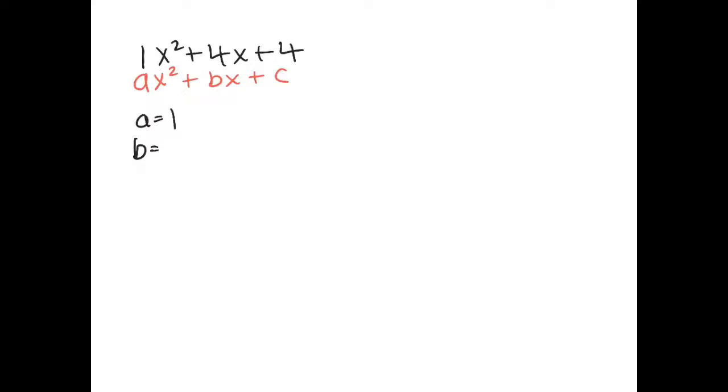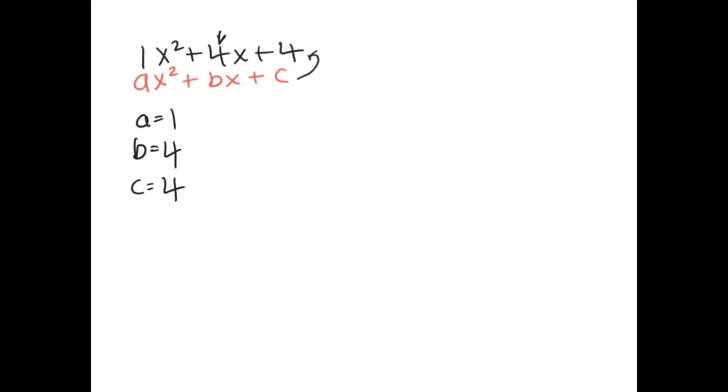So we know that number is 4. Now, finally, our c variable. C variable will always be on the end of the equation. So our c variable is also 4. Now remember, these three can change. So your a variable can be 20, your b variable can be 10, and your c variable can be 5. It can be anything.